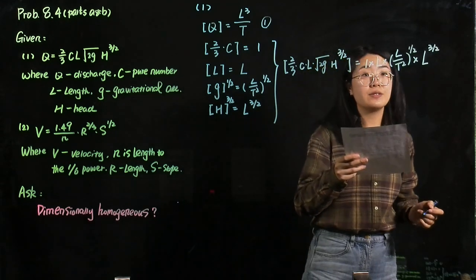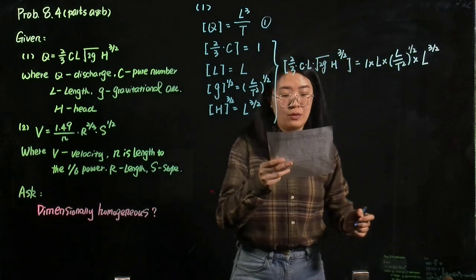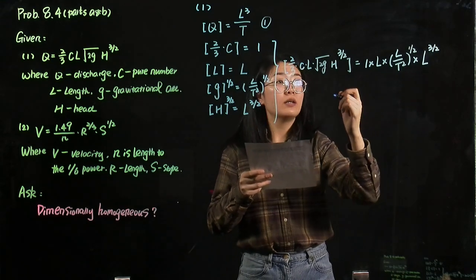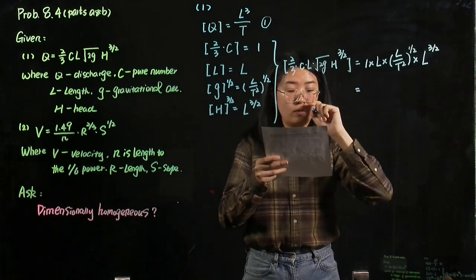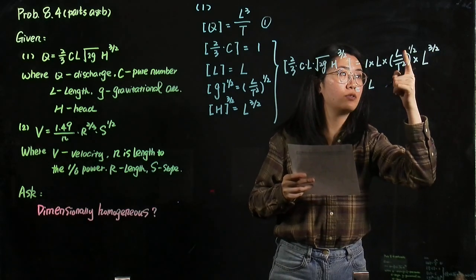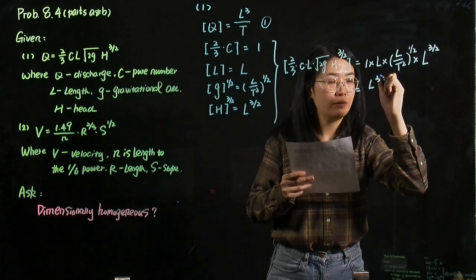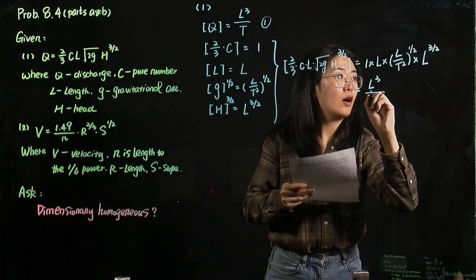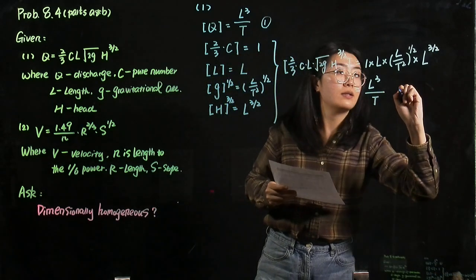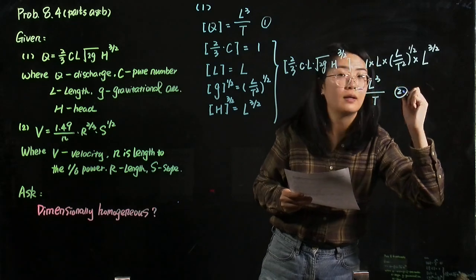So in the end, we will get L, these two cancel out, so L to the power of 3 over T, right? So it is equation 2.